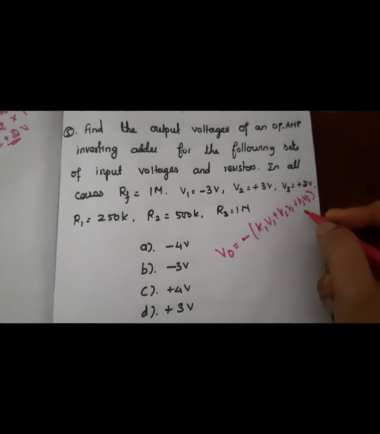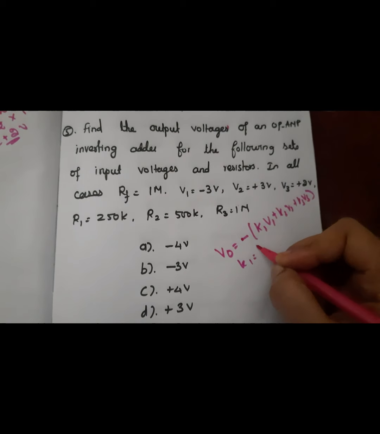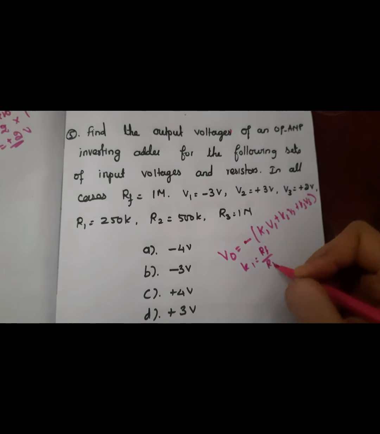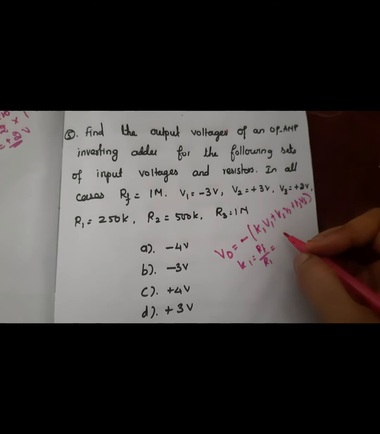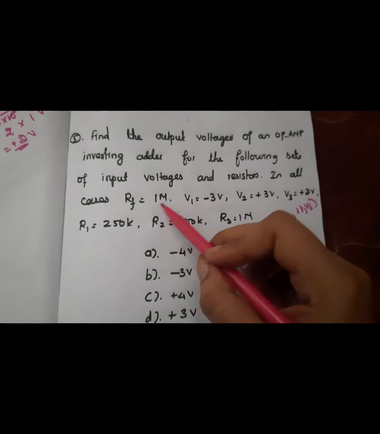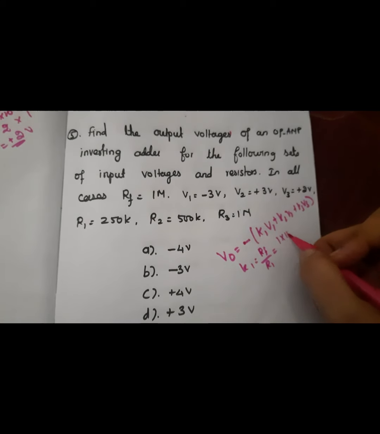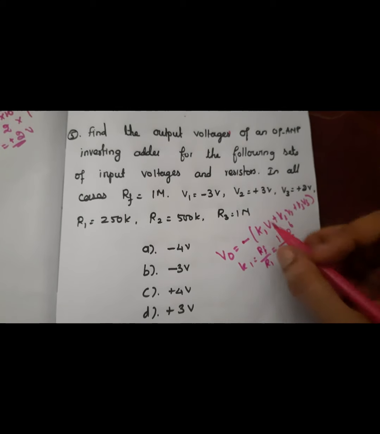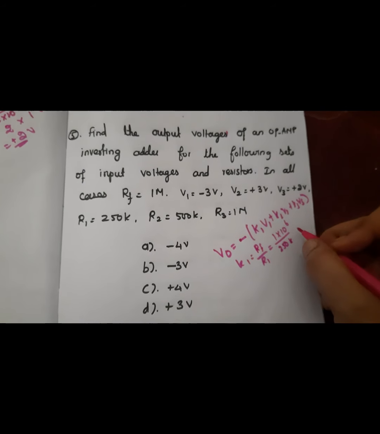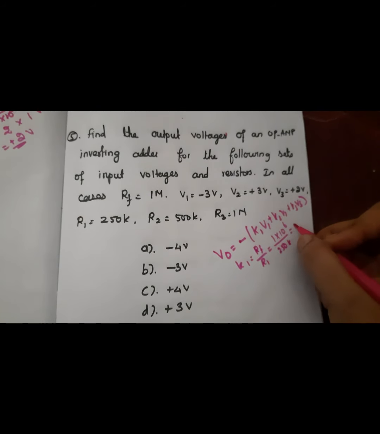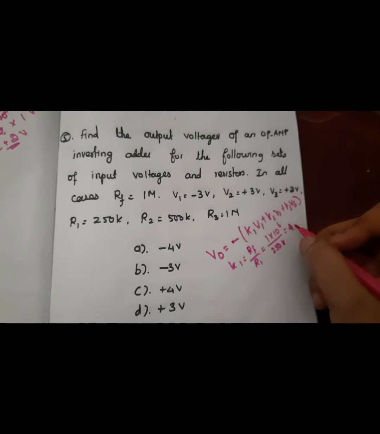K1 is equal to RF divided by R1. In this case RF is equal to 1 mega ohm, so 10 to the power 6. R1 is equal to 250 K. Solving this, we will get 4.